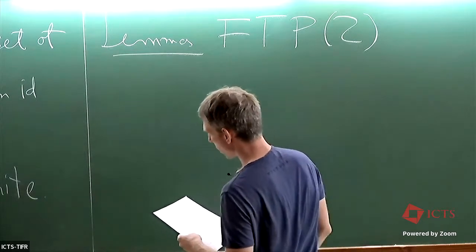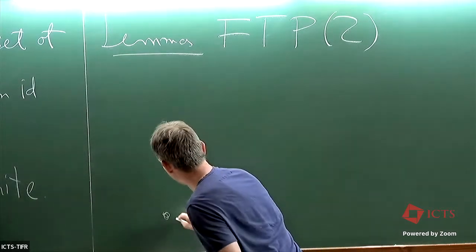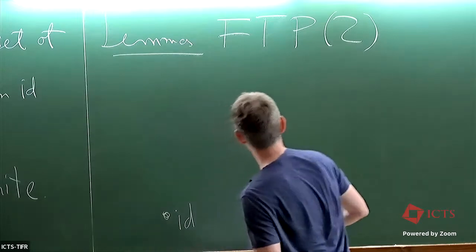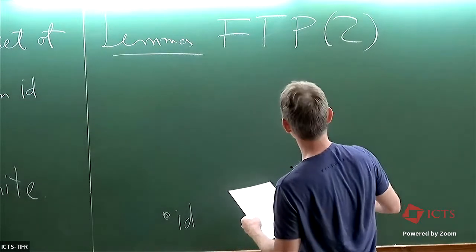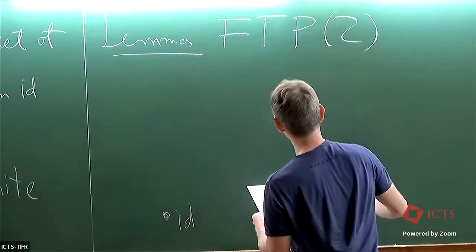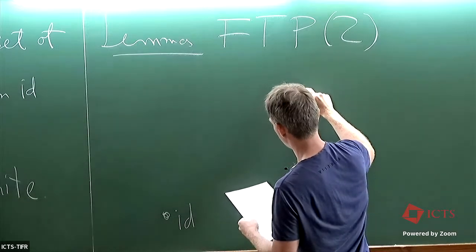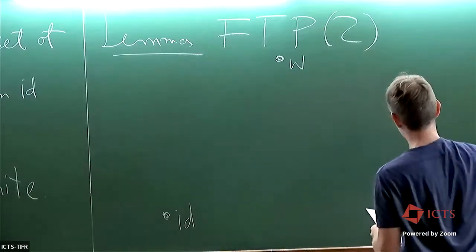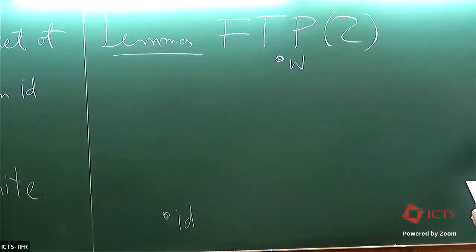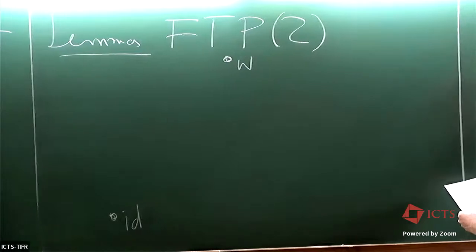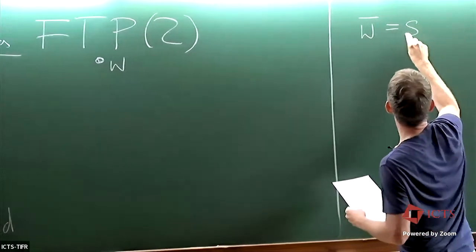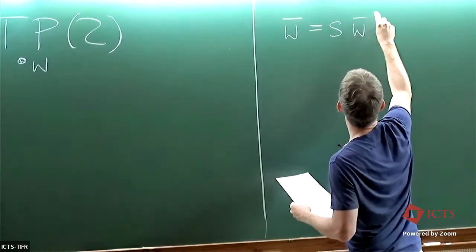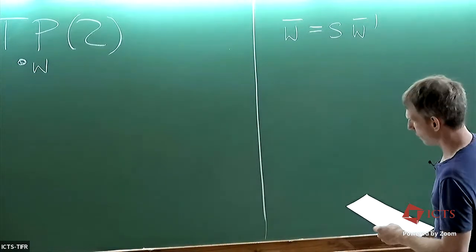So remember, with fellow traveler property 2, I have identity. I have some element G, say, let me draw it for the moment somewhere here, and I have that equality that w bar is supposed to be equal to s w bar prime.